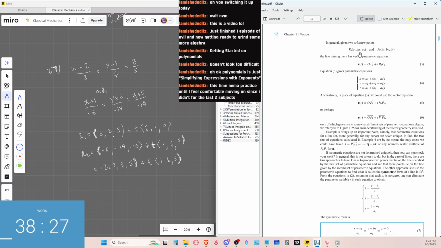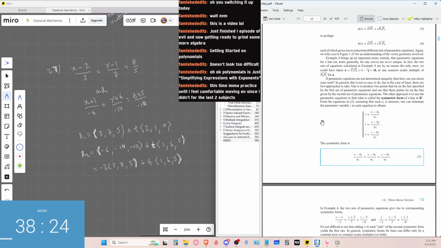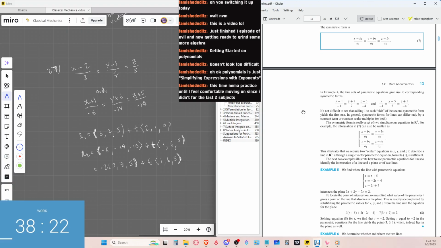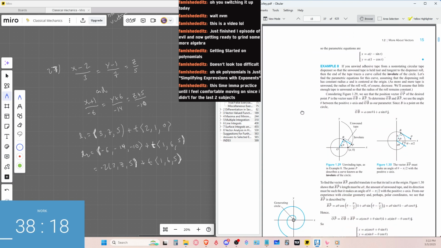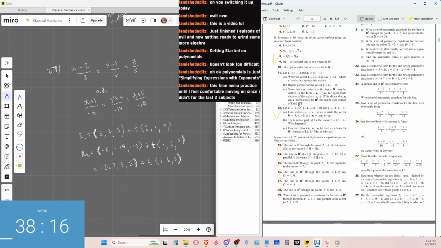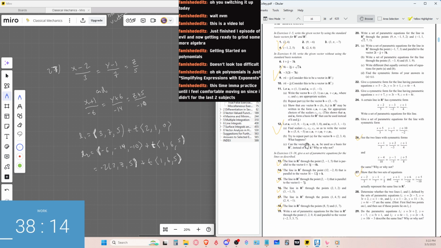Let's see, the original P. Yeah, it is the original point. And I'm pretty sure that I saw that in my No Bullshit Guide to Linear Algebra book.